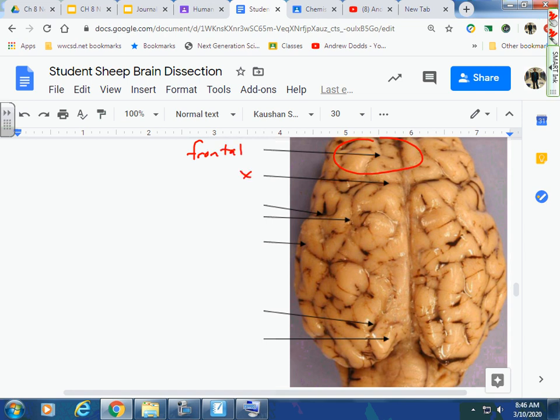Don't really need to label that one. Don't really need to label this one. The next one I'm looking for really is the top and the sides, which is called the parietal lobe. And then down on the side, so down here, which is the temporal. And then in the back, which would be the occipital.